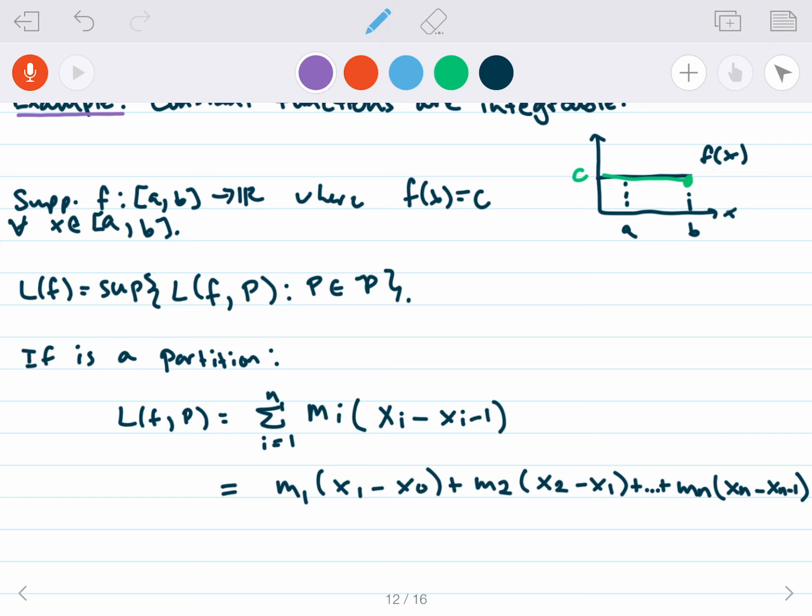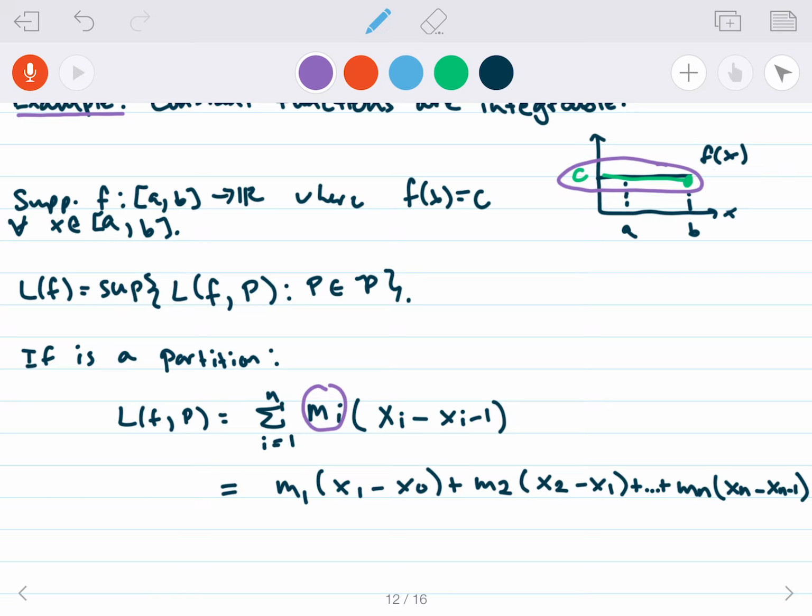Okay, and so keep in mind, this is the infimum on each subinterval. But guess what? This thing's constant. So the infimum and the supremum are going to be equal to c on any subinterval, right? There's no going up or down. The infimum is just c, right?